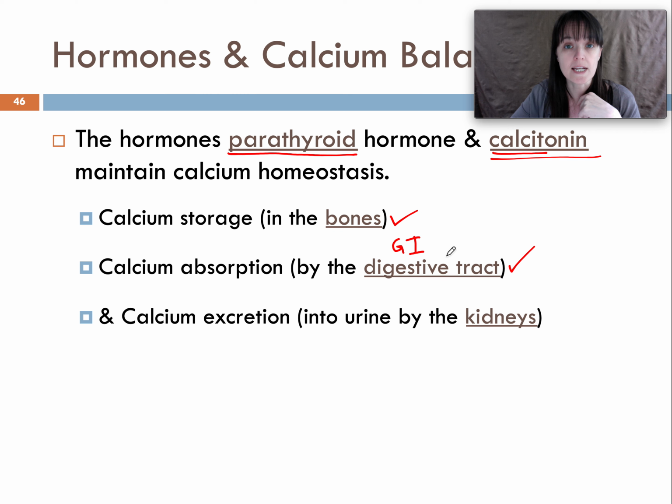Gastro means stomach and intestinal means intestines. And calcium excretion. So excretion is getting it out of the body, and you excrete it into the urine. And what makes urine? Kidneys. Kidneys make pee-pee. That's how that works. Okay.